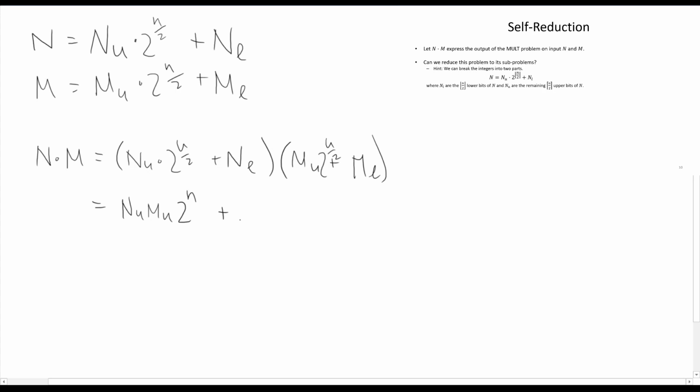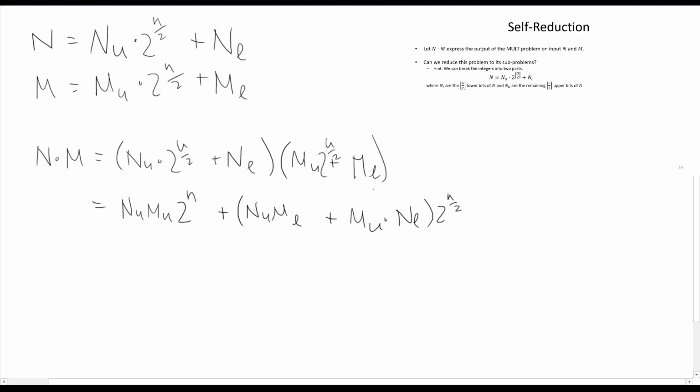Okay. Now, I'm going to be strategic when I write the next terms here. We're going to have 2 terms that mix the upper and the lower. And when we mix the uppers and the lowers, we're only going to get one of these 2 to the n over 2 terms. So I'm factoring that one out front, and we're going to get the n upper times the m lower plus the m upper times the n lower.